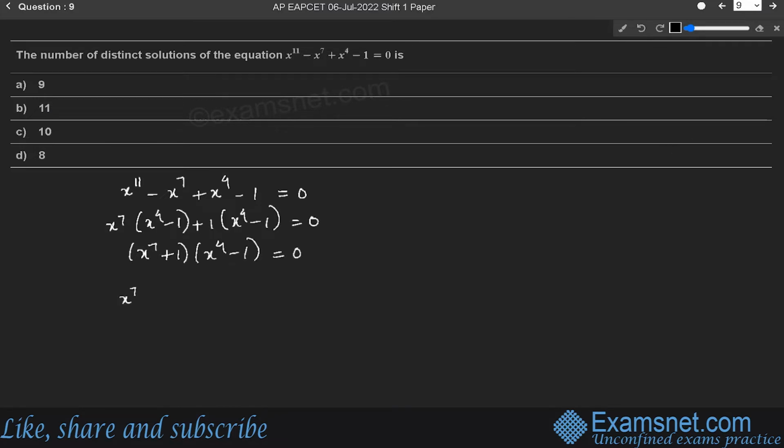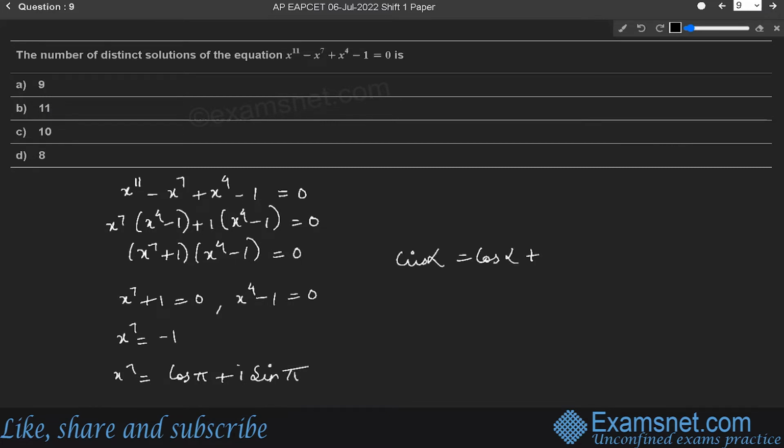So if x power 7 plus 1 is equal to 0 and x power 4 minus 1 is equal to 0, then x power 7 will be equal to minus 1. Or we can say that x power 7 will be equal to cos pi plus i sin pi, because we know that cis alpha is equal to cos alpha plus i sin alpha.